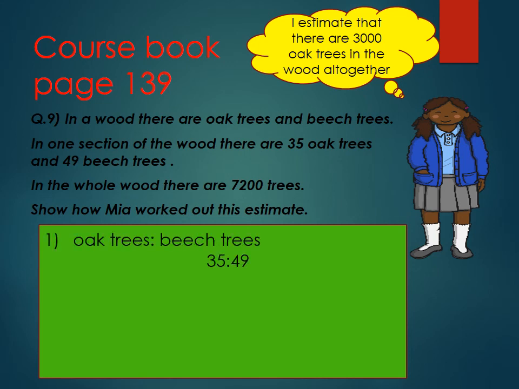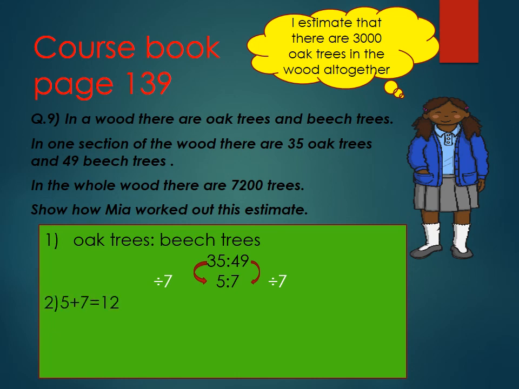First, we will write the ratio of oak trees to beech trees, which is 35 to 49. Then we will simplify the ratio by dividing both sides by 7. We get 5 to 7. So the ratio of oak trees to beech trees is 5 to 7.